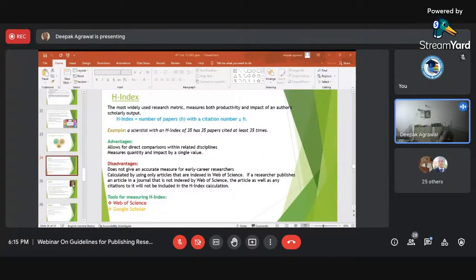You can easily access the H index by going through the site. Search Google, take the help, identify how to create the H index, and on the basis of your papers earlier published, it is automatically going to calculate the H index for it.